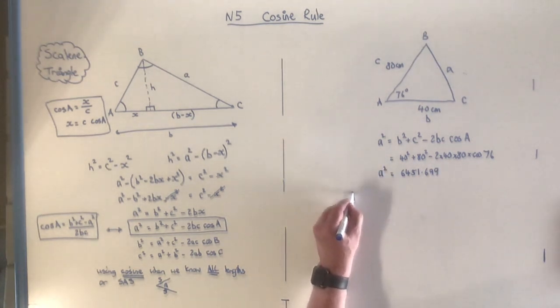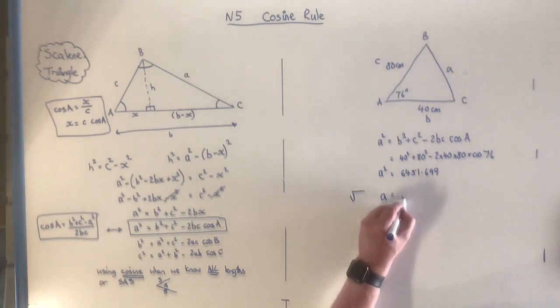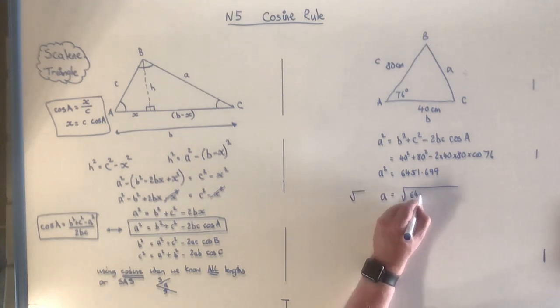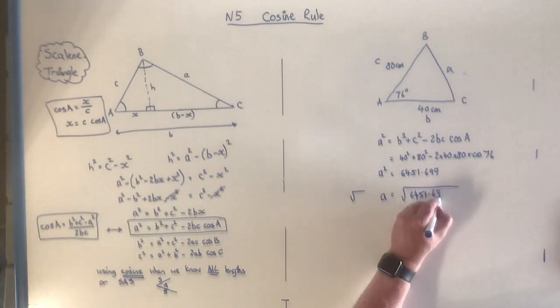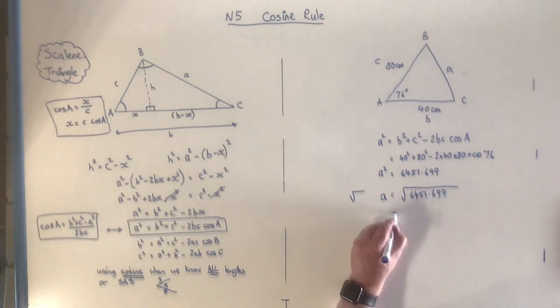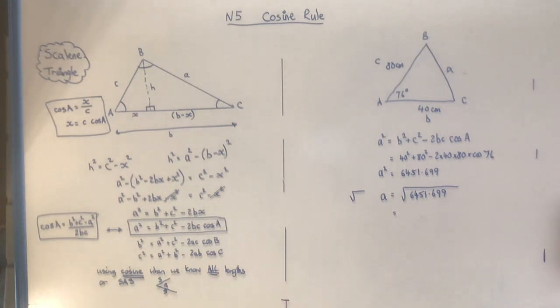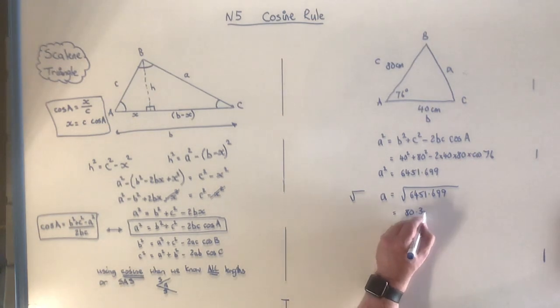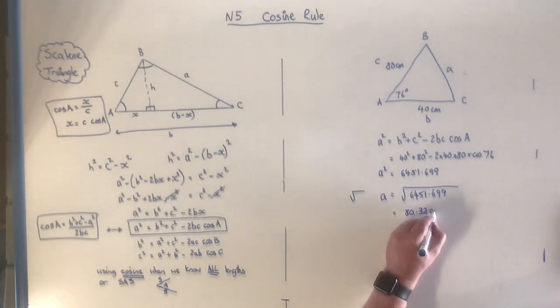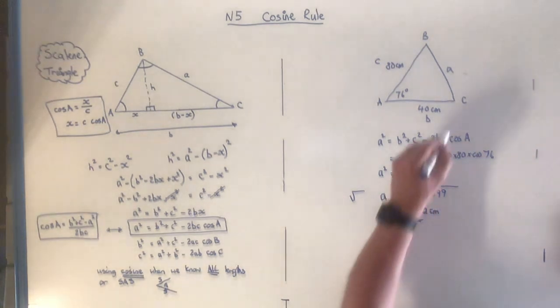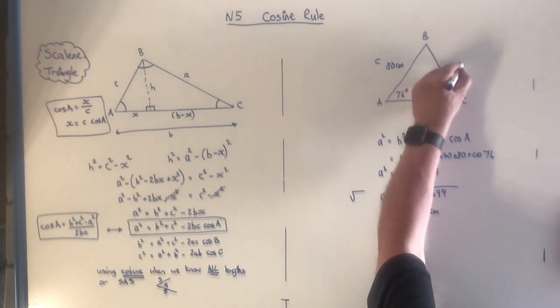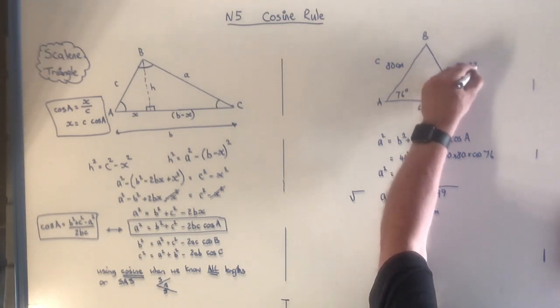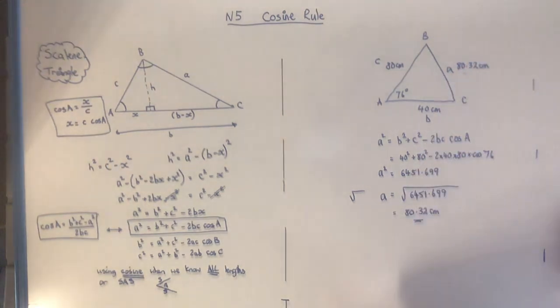So take the square root of both sides, so A is equal to the square root of 6451.699, and working that through, 80.32, and that's centimetres. So the length of that road that was in the question is 80.32 centimetres. Very close to the size of that one.